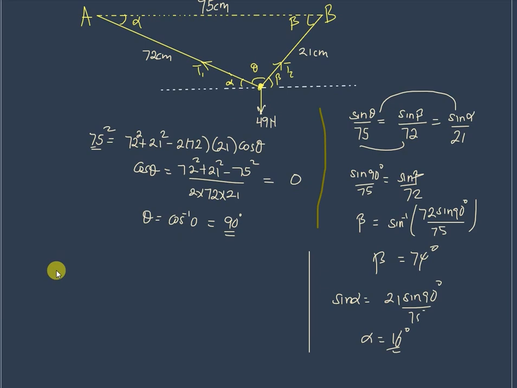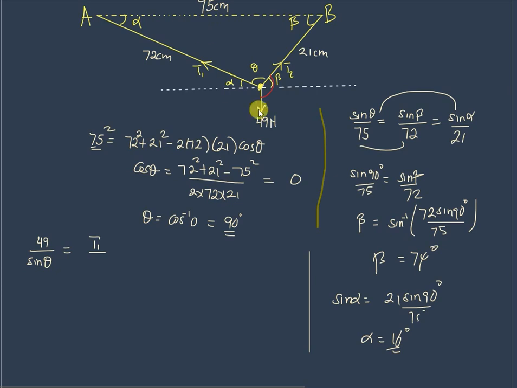Now by applying Lami's theorem, we are going to have 49 divided by sine of 90. Actually, the angle there is theta. It should be equal to T1 divided by the angle opposite T1, which is 90 plus beta.